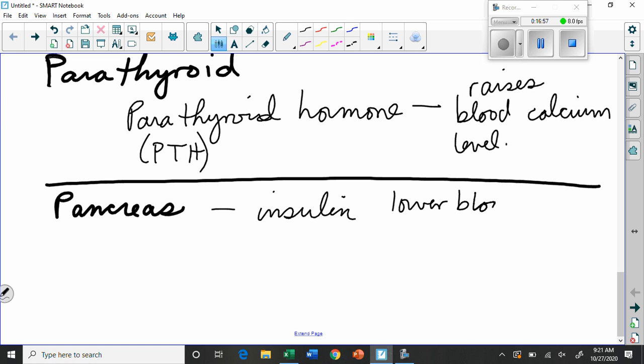It does that by binding to cells. So here's the example I was going to mention. The raising of blood sugar is usually a result of eating something. You've eaten a meal, your blood sugar is going up because it's being absorbed. There's no hormone that's needed to raise that up. So what happens when you eat is that you suddenly have more blood sugar, and we have to do something with it so it doesn't get too high.